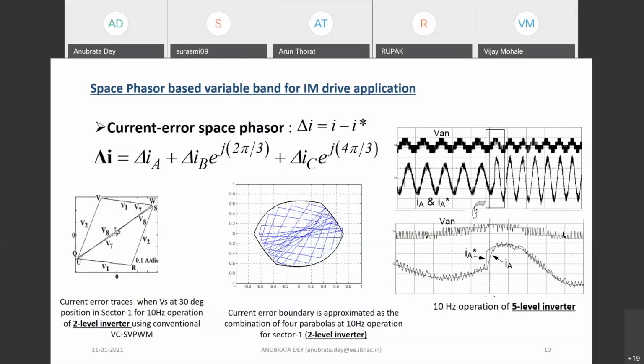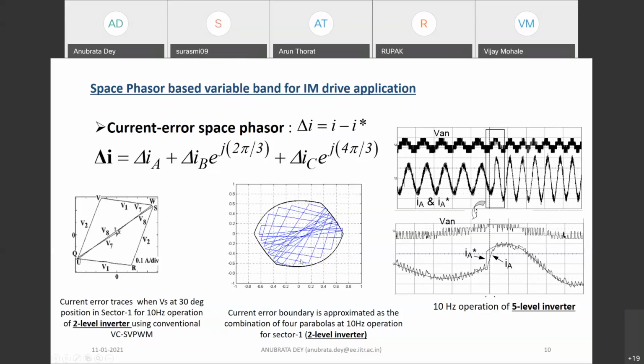Like the SVPWM kind of approach, you can use it in the current control itself. The SVPWM approach is for voltage control, but a similar control approach can also be implemented in current control. Here, some examples are shown of how the current trajectories actually look in SVPWM.